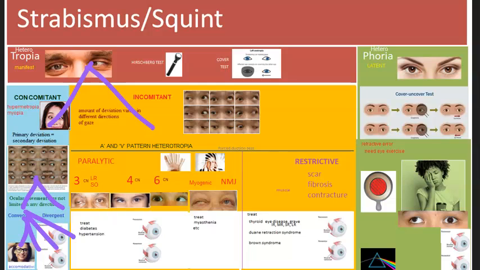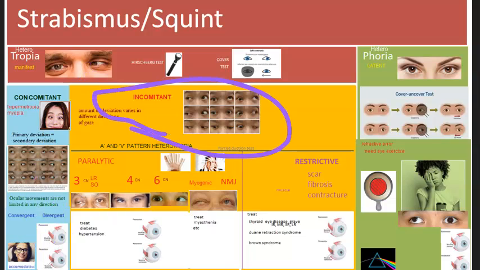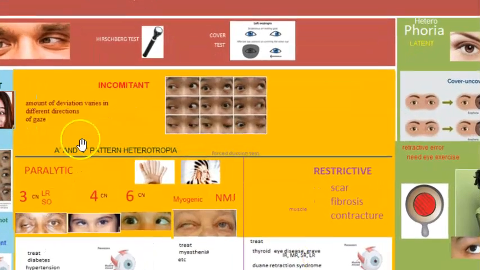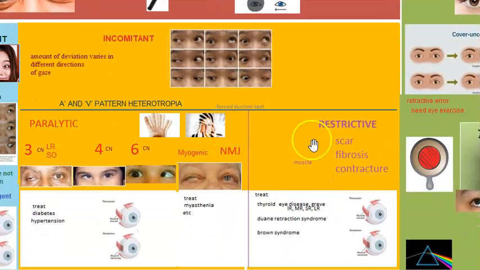Now, what is incomitant? Incomitant means the amount of deviation varies in different directions of gaze. So it's written here, you can see it. The amount of deviation varies in different directions of gaze, that becomes incomitant. Under this you have paralytic and restrictive.